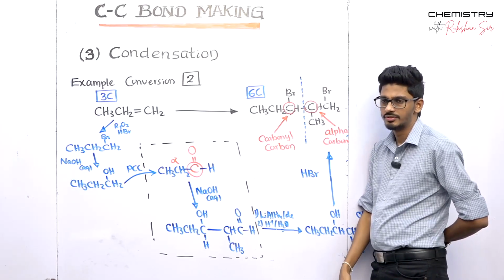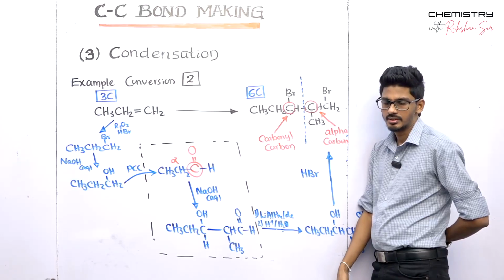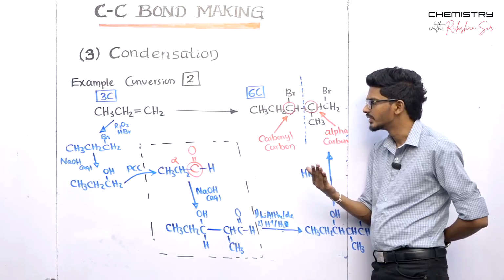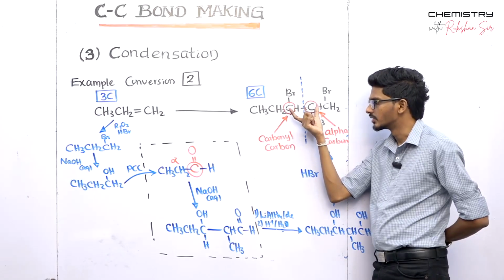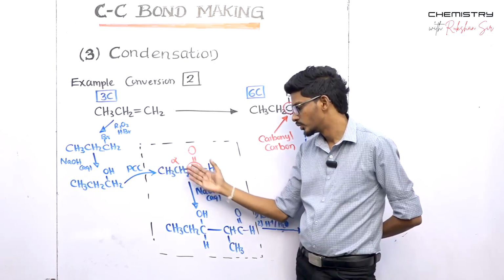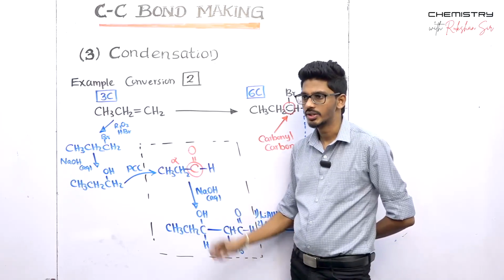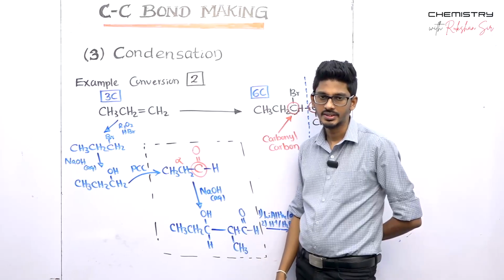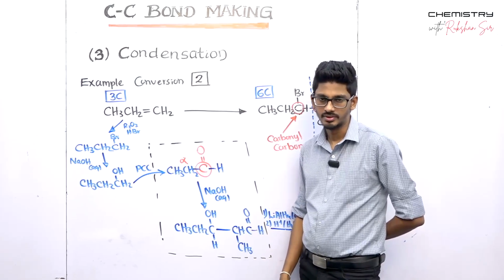If you think, you can clearly see by the Grignard connection, when you connect two compounds via Grignard, you will come up with only one carbon as a functional carbon.